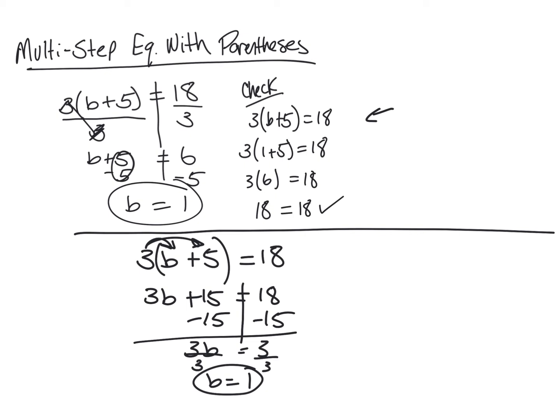Now, because 3 could go into 18, when we divided by 3 on both sides of the equation, we still had whole numbers. It was advantageous to divide by 3 right away. We wouldn't end up with fractions or decimals early on in the equation.